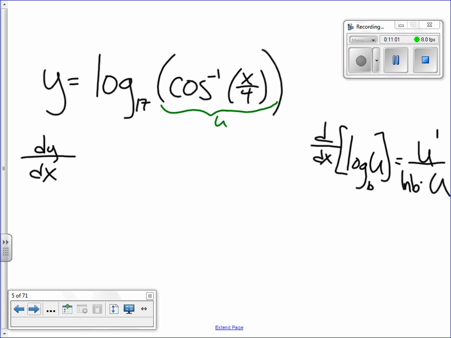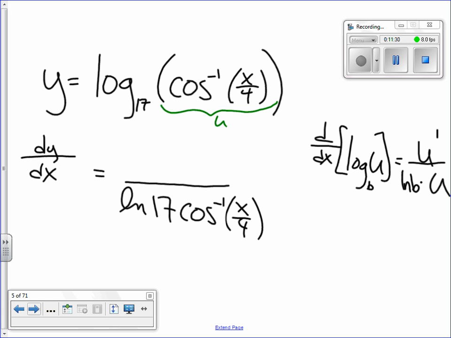Maybe we should start with the denominator. I think that would be easier. Because in the denominator, we just need to put down there the natural log of the base times u. So we have the ln of 17 times the inverse cos of x over 4.